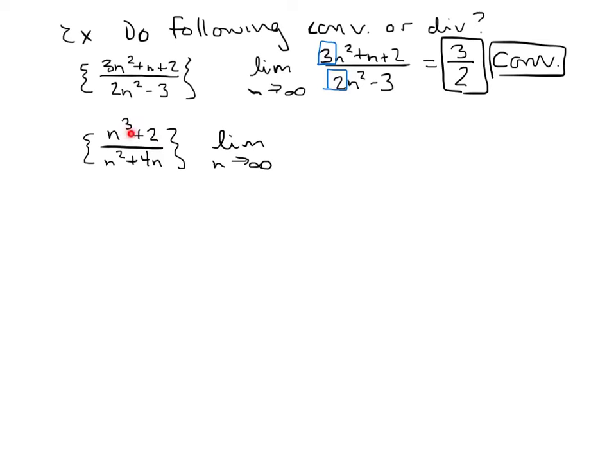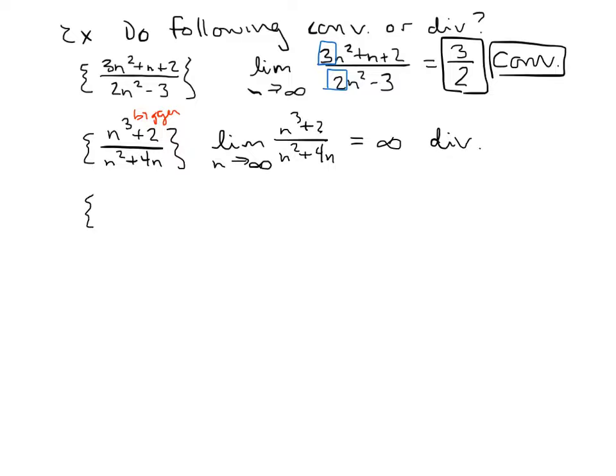There is a bigger power in the numerator. The numerator is bigger, and so the limit as n goes to infinity is going to be infinity, because the top is bigger. And so this one would diverge.